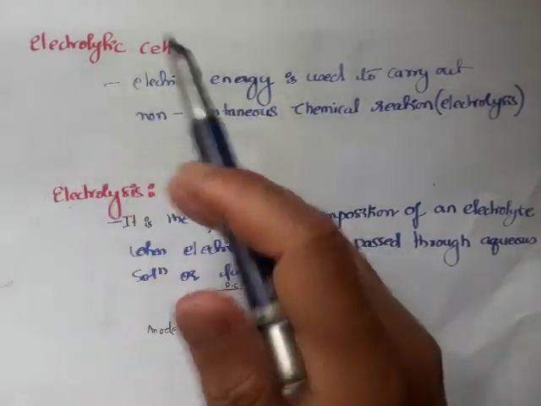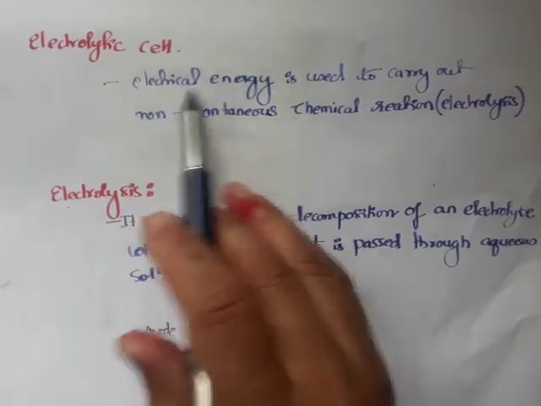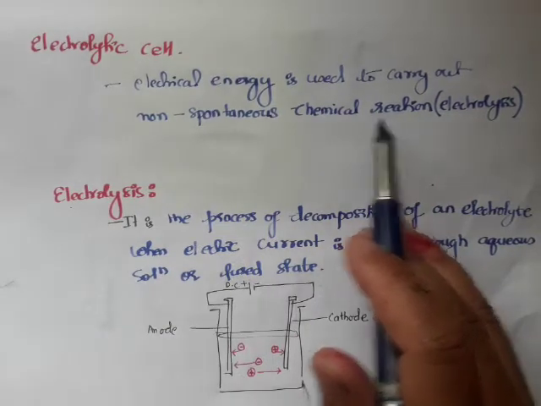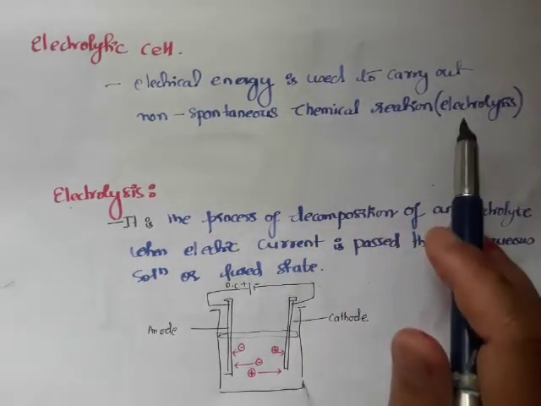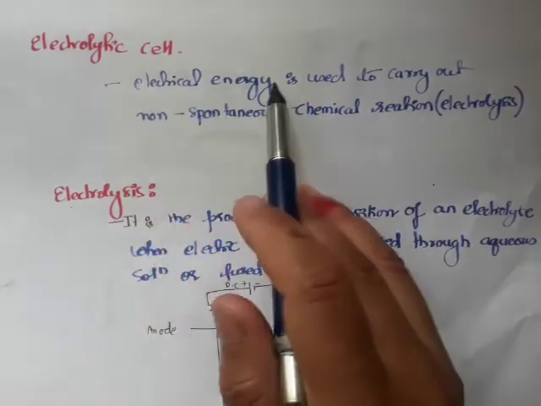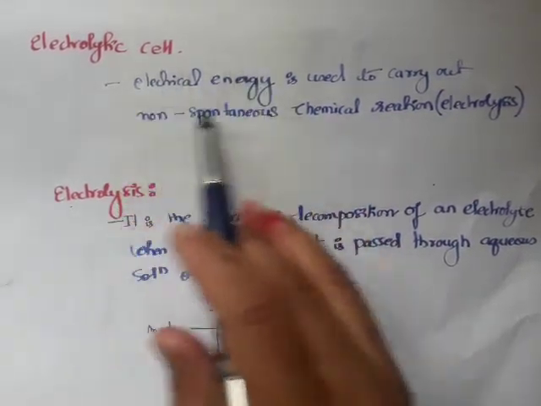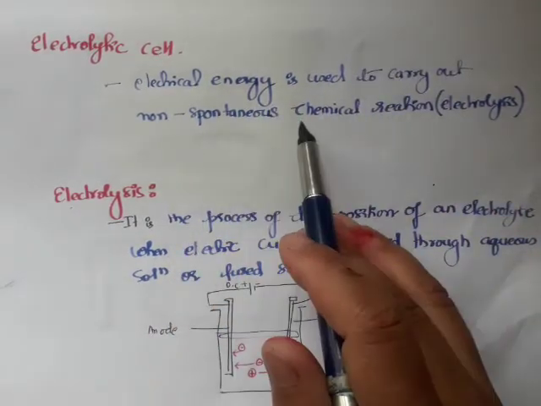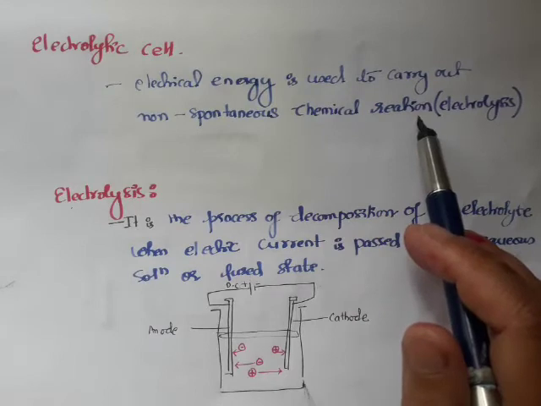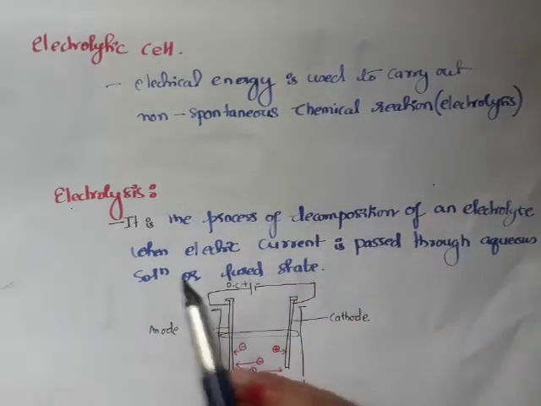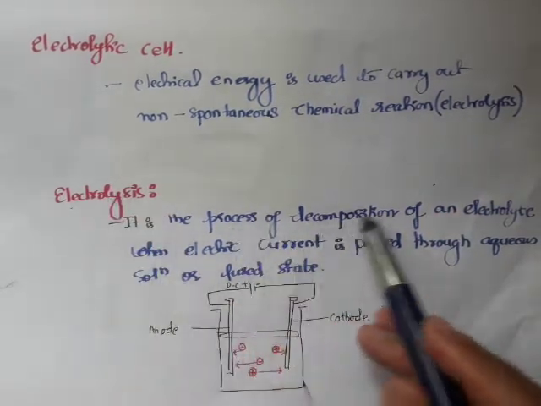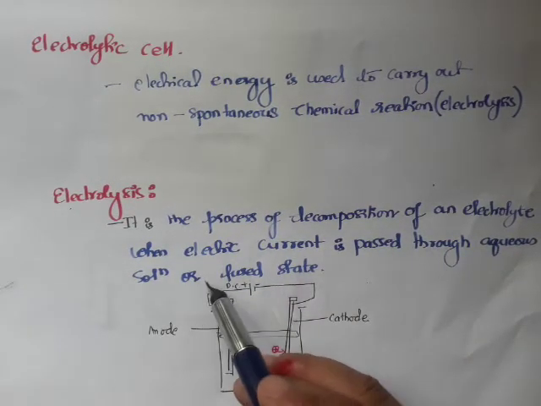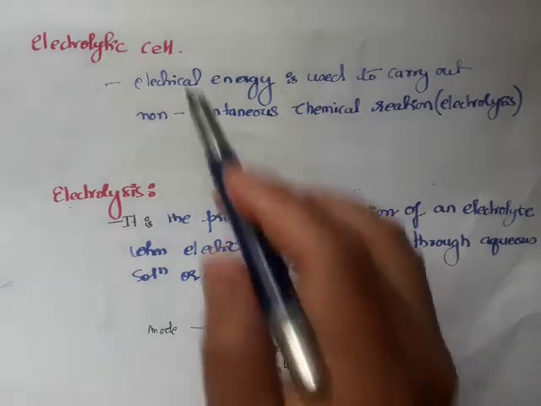It is a cell or device which converts electrical energy into chemical energy, where electrical energy is used to carry out a non-spontaneous chemical reaction. This reaction is called electrolysis. Electrolysis is the process of decomposition of an electrolyte when current is passed through its aqueous solution or fused state. Let us take an example.